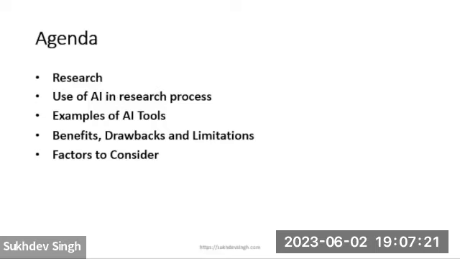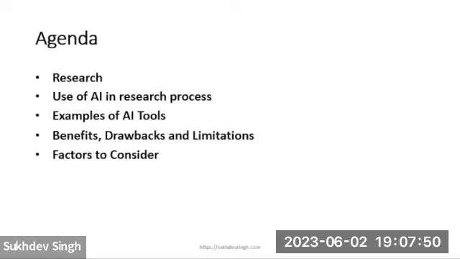So today I will give a context of what research is and how artificial intelligence can be helpful in the research process. A major part will be examples of some AI tools which can speed up the research process.